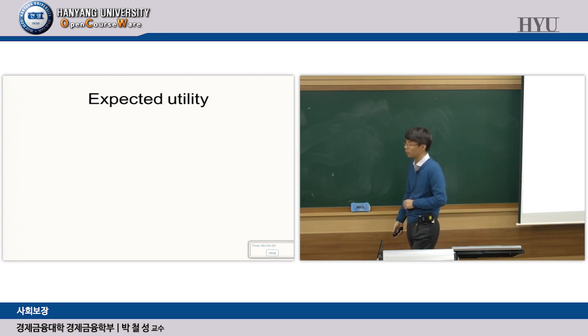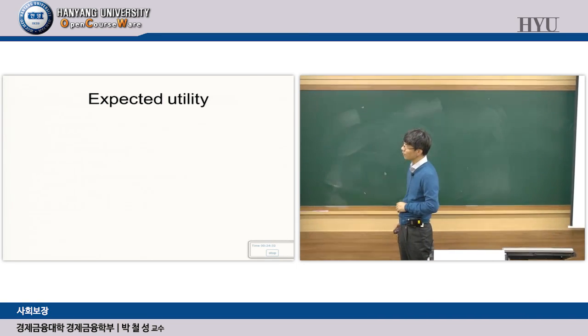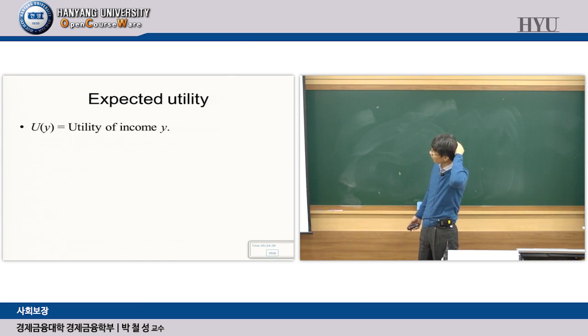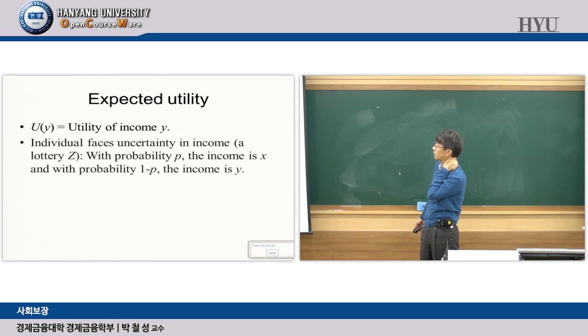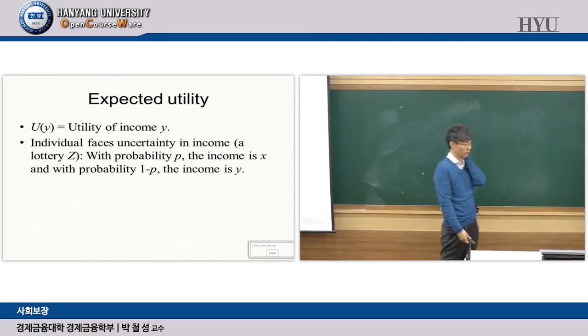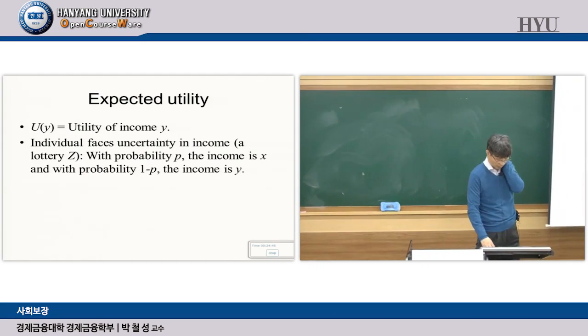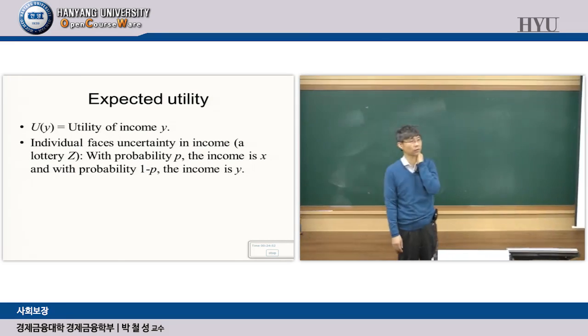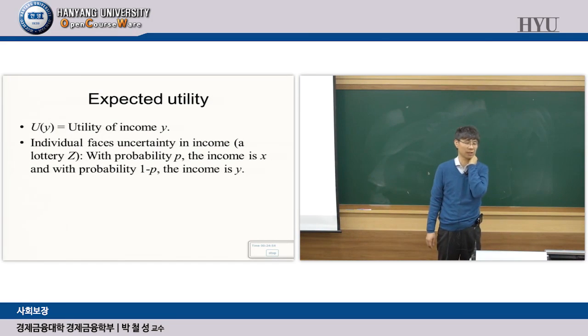So, you can think of it this way. For example, think of utility of income. Okay, let me explain why. Let's say you go to a shop, and this shop tries to sell you a lottery.